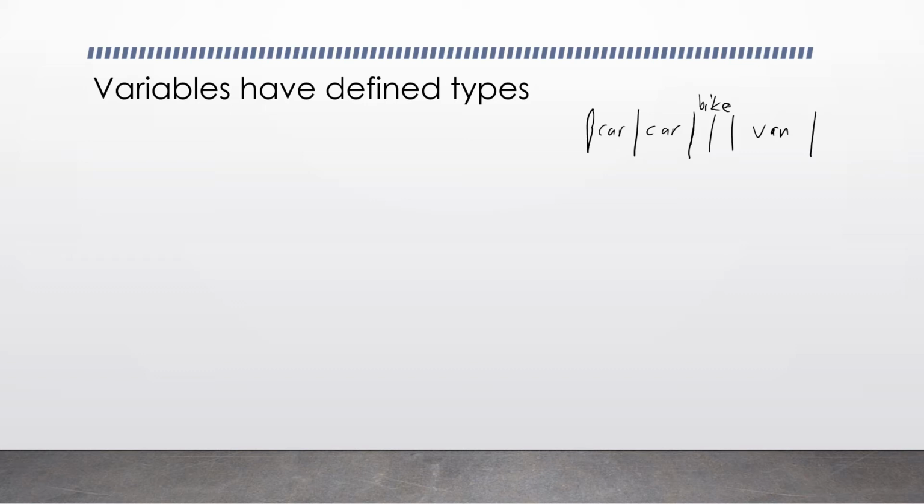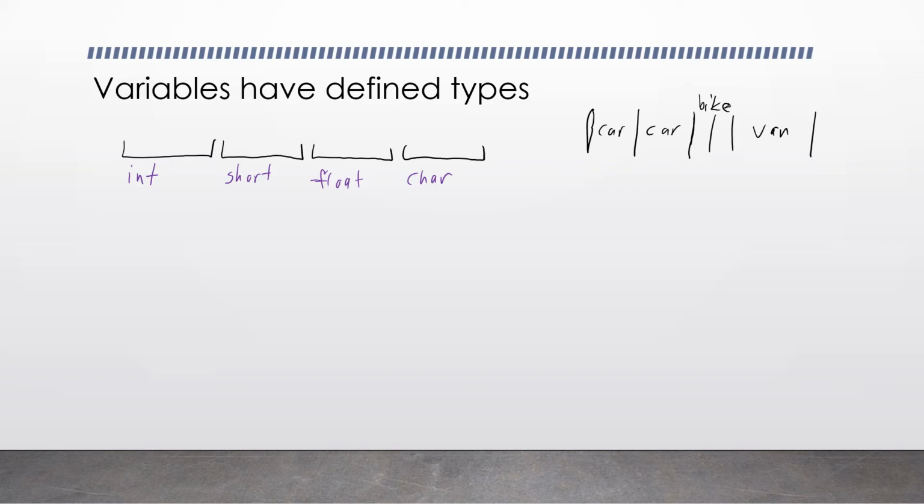Similarly, when we define our memory boxes and assign values to them, each one has a different type to it. This one might be type int, meaning an integer. This one might be type short, meaning a short integer. This one might be type float, and this one might be type char, meaning character or a letter.